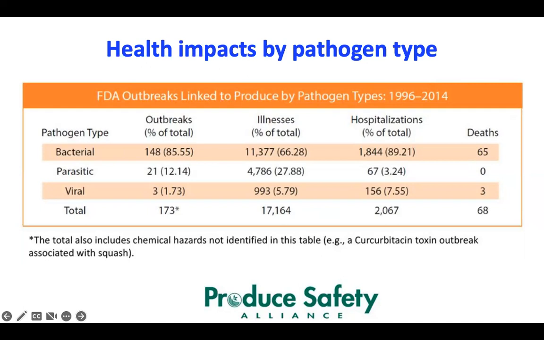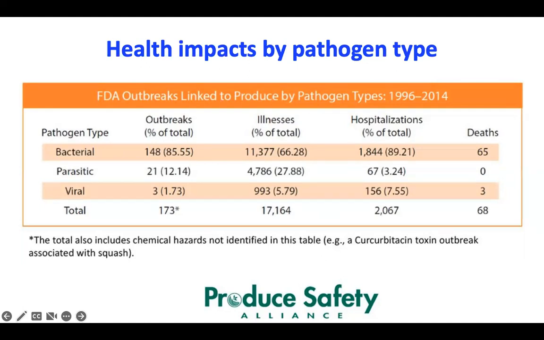Though many may experience only minor symptoms such as diarrhea, nausea, or vomiting, others have more serious symptoms that result in hospitalization, long-term health impacts, and even death. This slide shows the health impacts by pathogen type, based on FDA outbreaks linked to produce, by pathogen type, from 1996 to 2014.